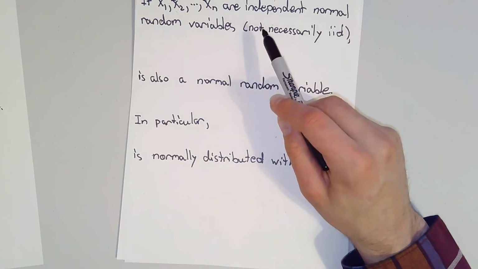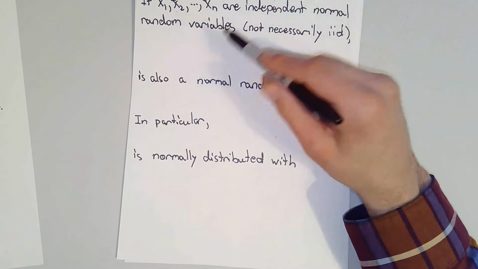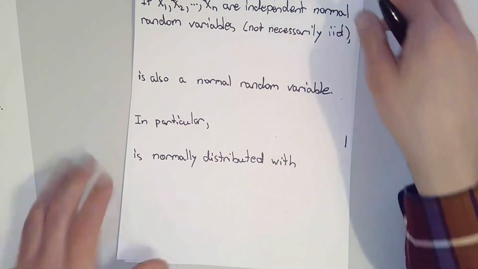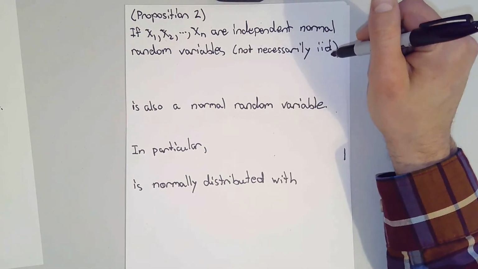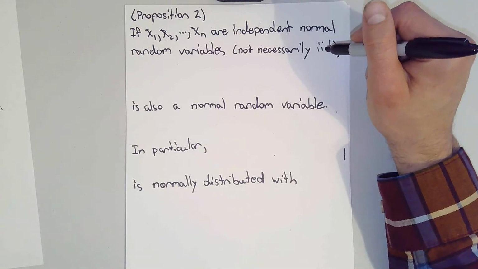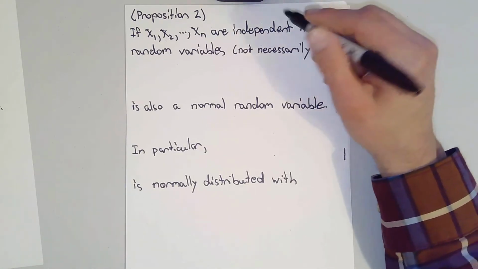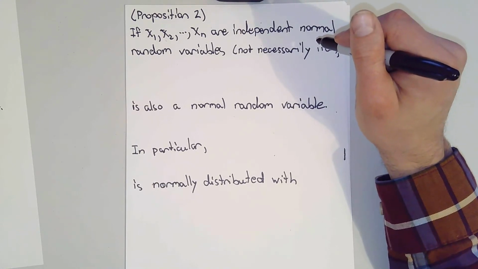Just to emphasize here, we are not assuming that they are a random sample, i.e. IID, as was the case from the first video of this section, or from section 5.4. We're not assuming that they're IID, but simply that they're all normal random variables.